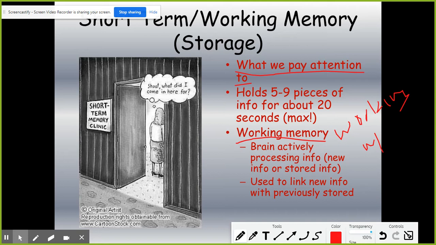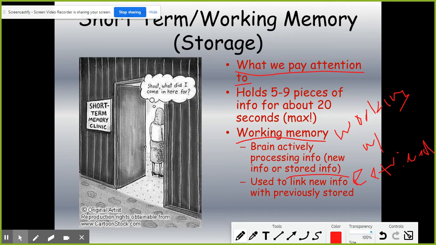This can either be new information like what you're getting right now, or it can be information that you have retrieved from your long-term memory. So if I ask you what your phone number is, and you say 336-337-45, and so on, your ability to pull that information from your long-term memory into your working memory is your working memory at work.